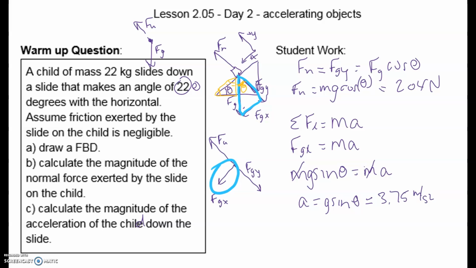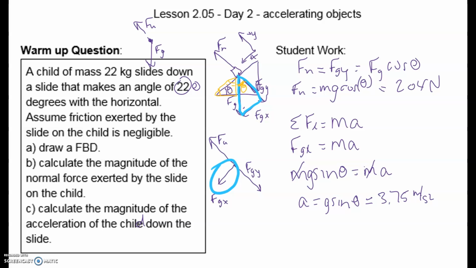What's particularly interesting here is that this expression for acceleration is independent of mass. It doesn't matter how massive this child is. It could be a full-grown human being sliding down the slide. As long as the slide's frictionless, their acceleration is going to be the same. Their acceleration is entirely dependent on the angle of the slide.